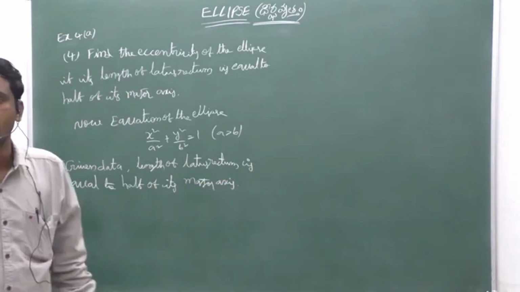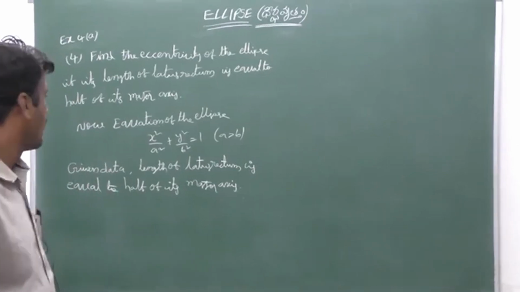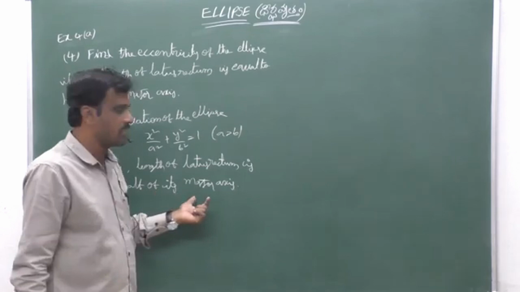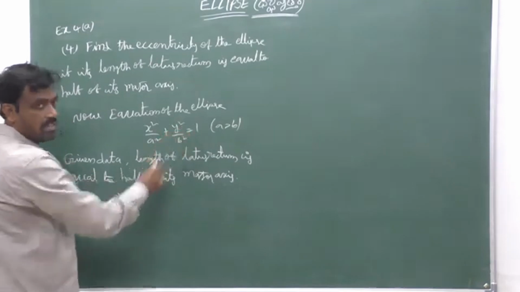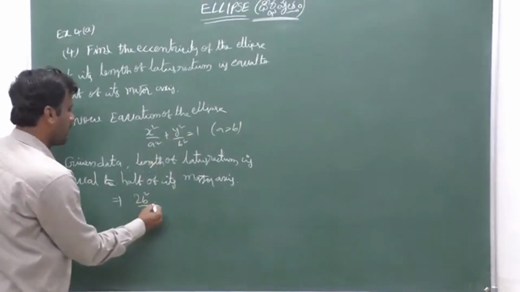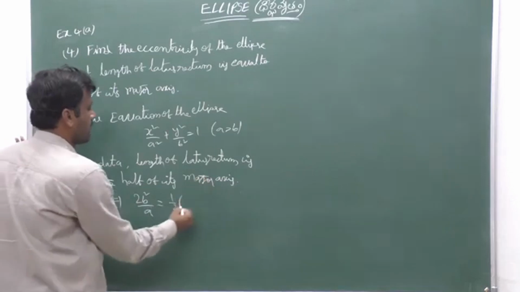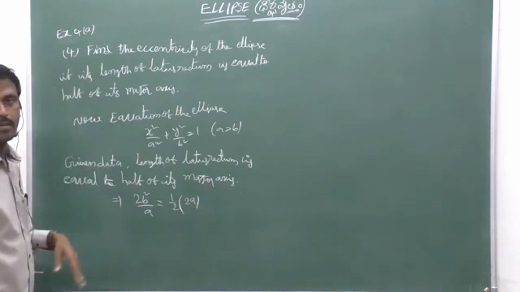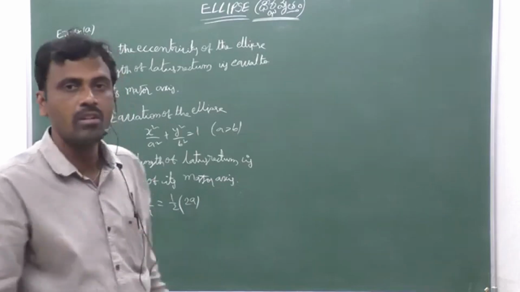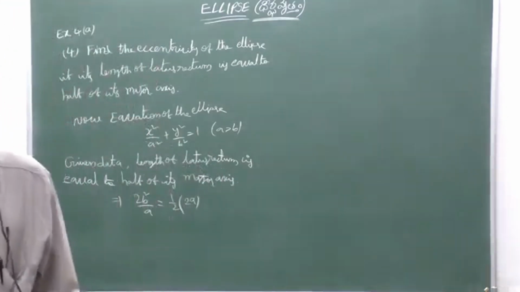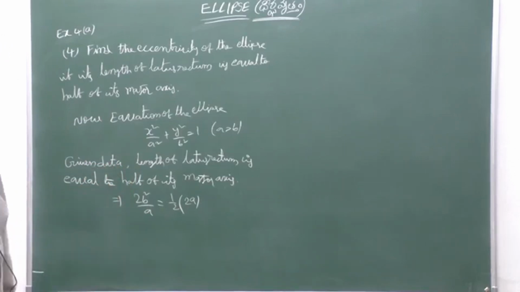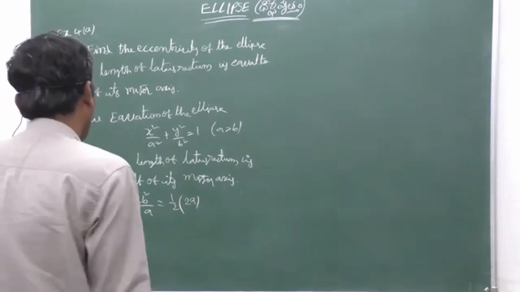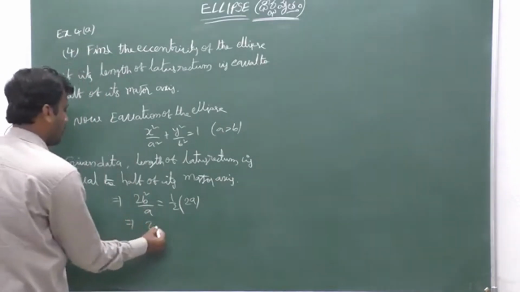The length of the latus rectum is 2b square by a. The length of the major axis is 2a. So 2b square by a equal to half into 2a, because the given data is length of latus rectum equal to half of its major axis.